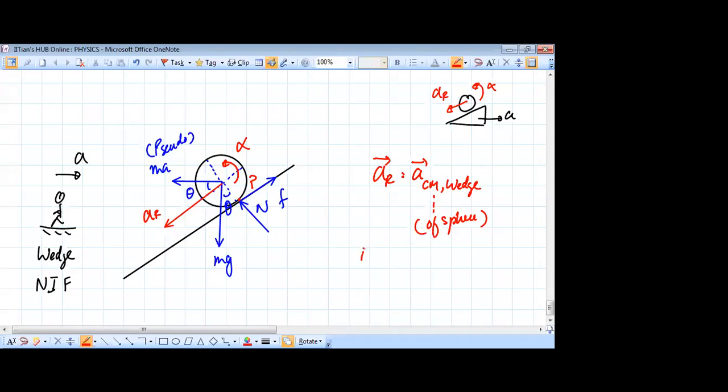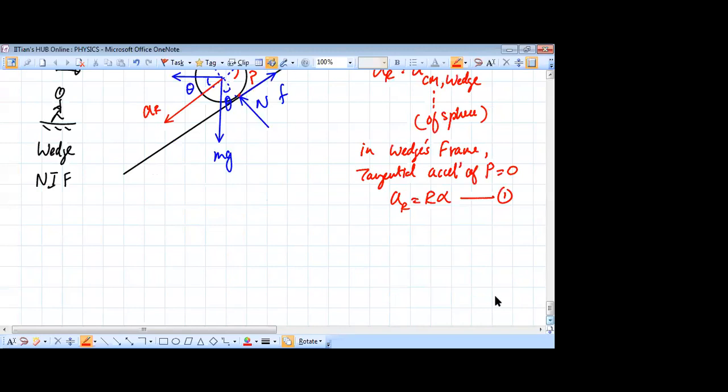So in the wedge's frame, the tangential acceleration of the point P should be 0. So A relative should be equal to R alpha. And mA cos theta plus mg sin theta minus friction should be equal to mA relative, and friction into R should be equal to I alpha.